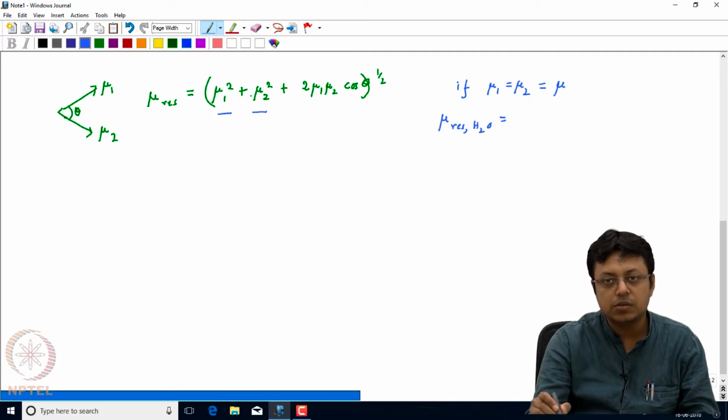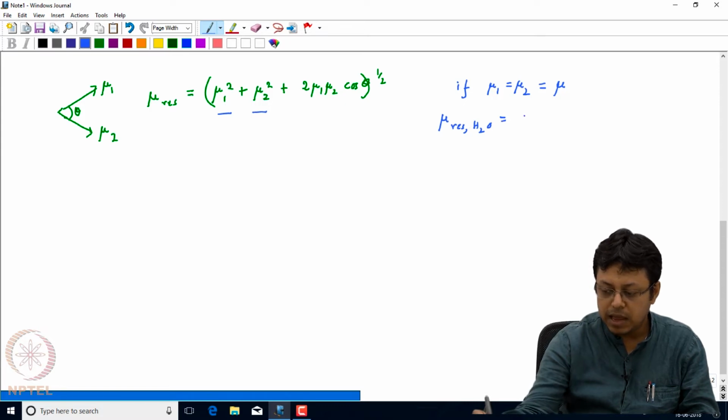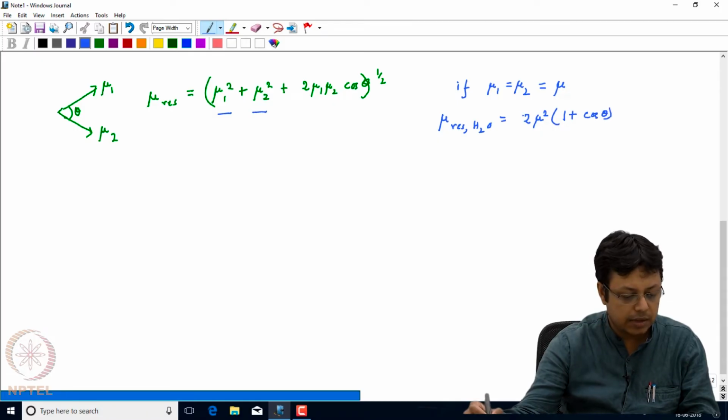So the first two terms will be twice mu square, and the second term will also be twice mu square. So I can take twice mu square as common, and then I will have 1 plus cos theta, and the square root of that.